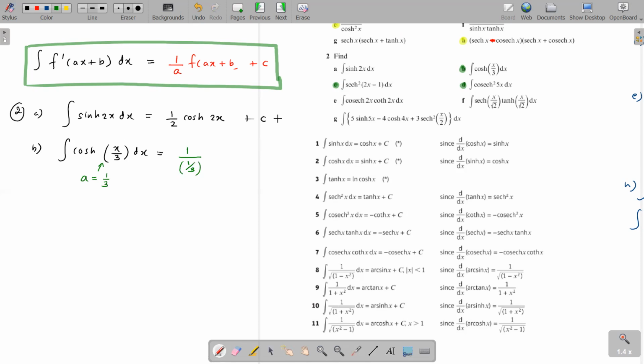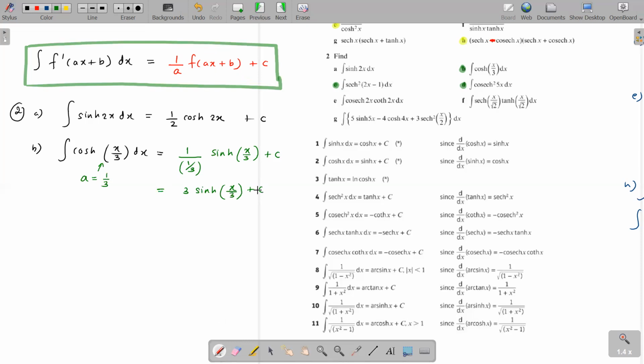And then integration of cos is rule number 2. Integration of cos is sine, but we don't put the x here because now we are using generalized. So f is sine, and it's x over 3. And don't forget the plus c. So 1 over 1 over 3 is 3. 3 sine x over 3 plus c.